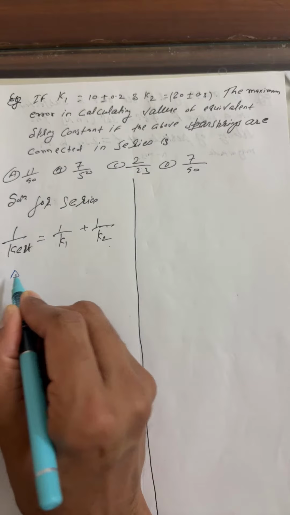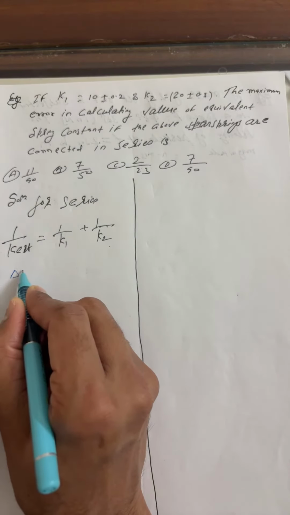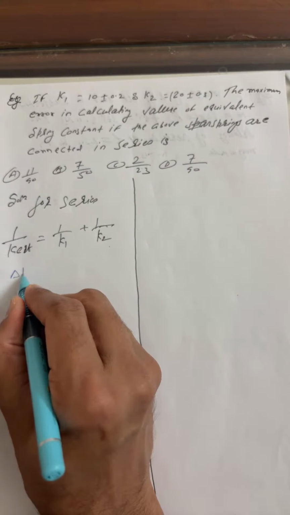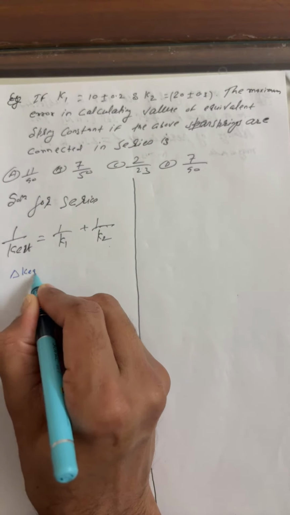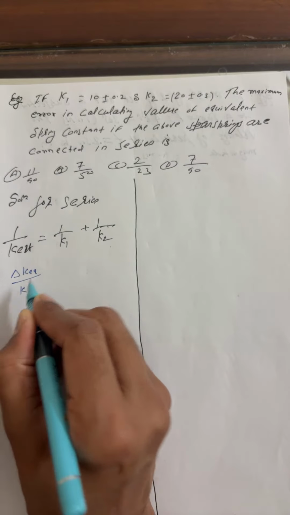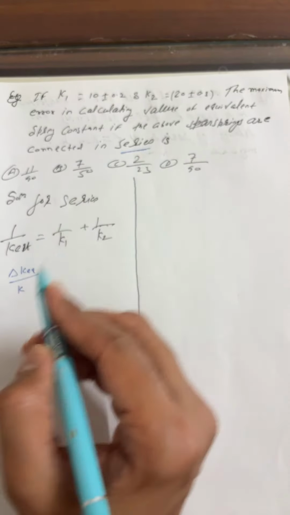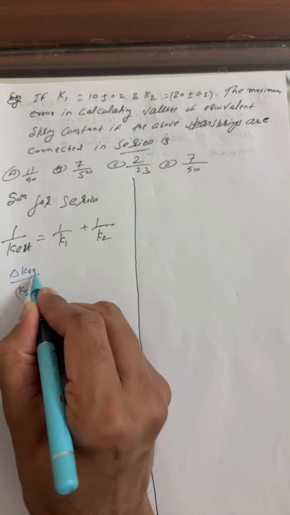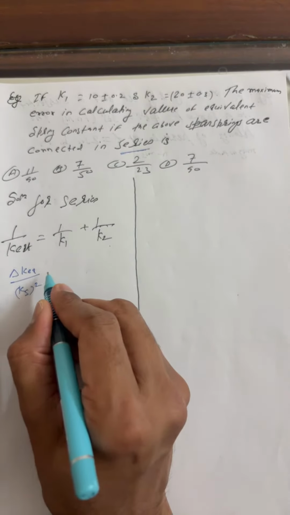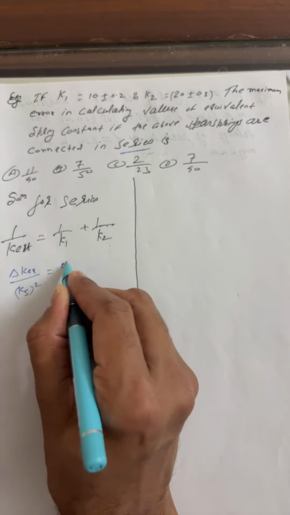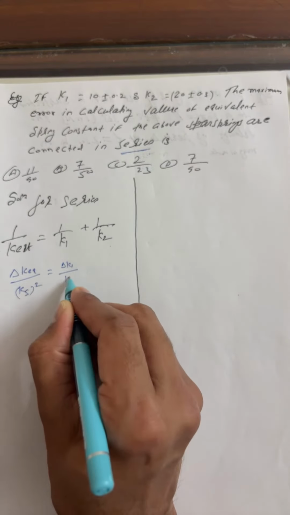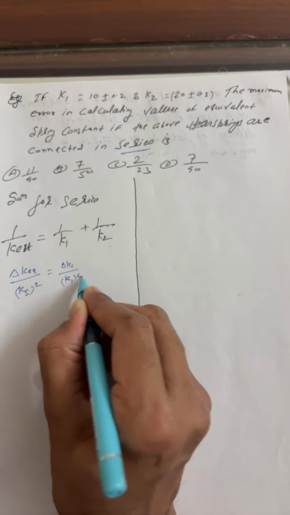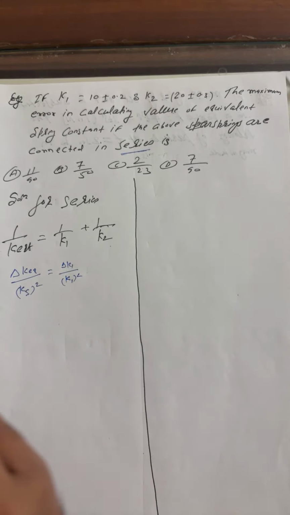Then you will get delta K equivalent upon K equivalent. This is mentioned as series here, so you can write this as series whole square. In fact, K equivalent is equal to delta K1 upon K1 whole square. If you remember every formula, what is the differentiation of dx upon x?